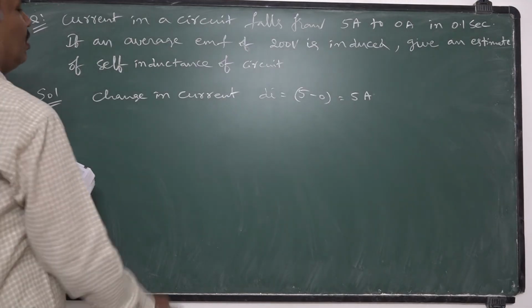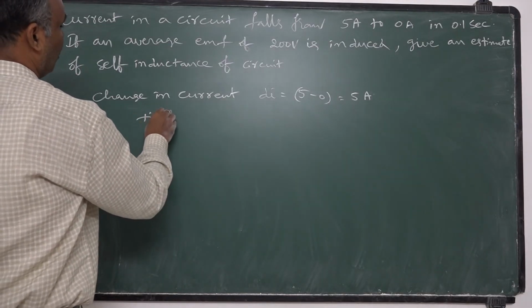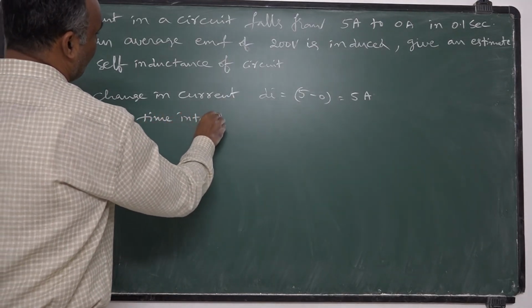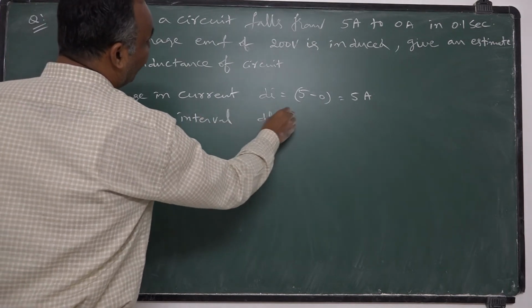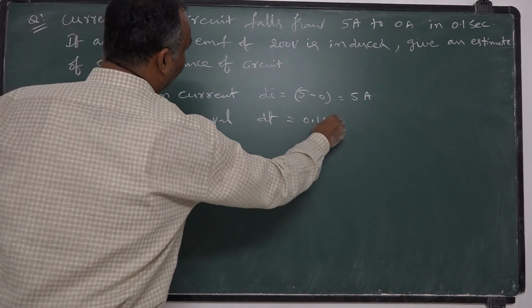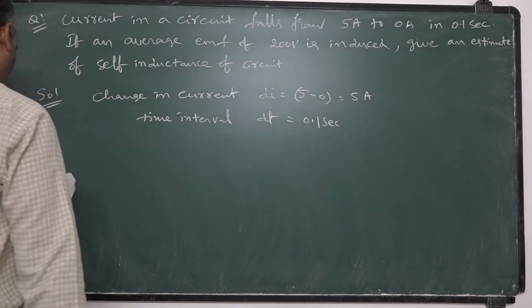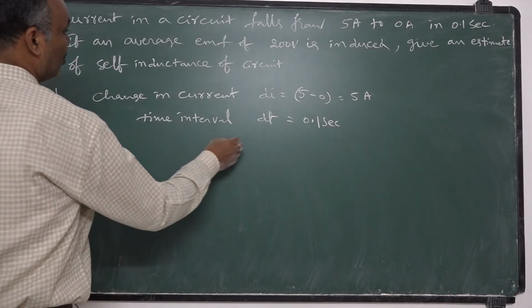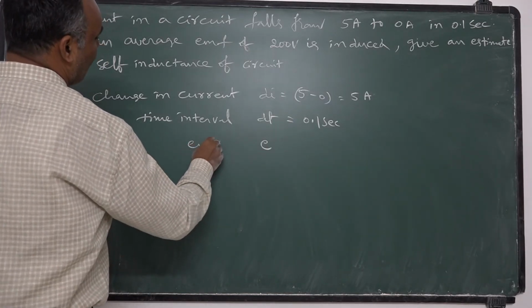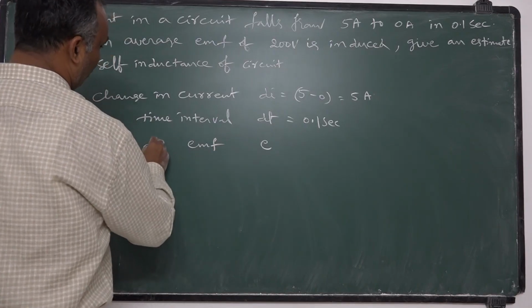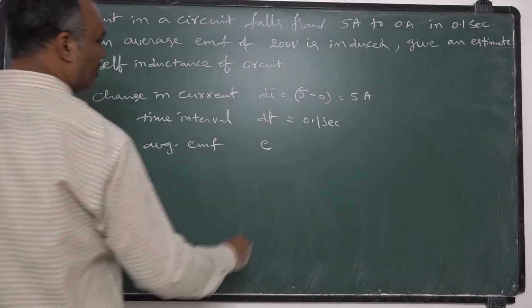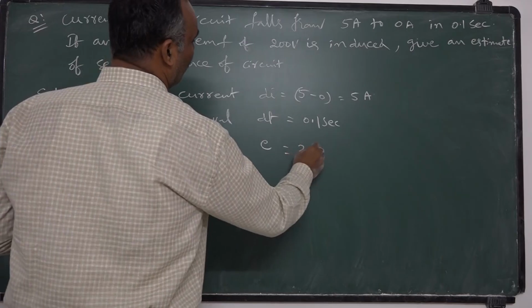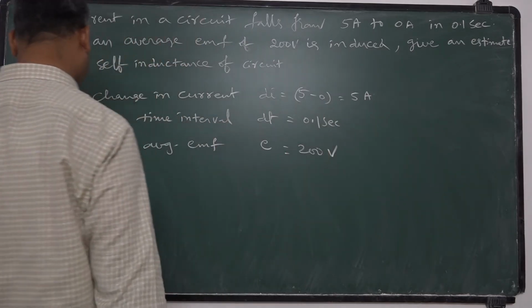This change taken place in the time interval dt equal to 0.1 seconds. Average EMF developed is given by 200 volts.